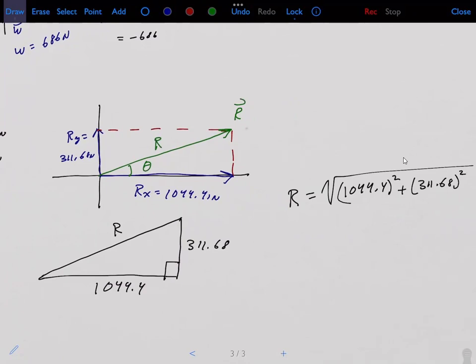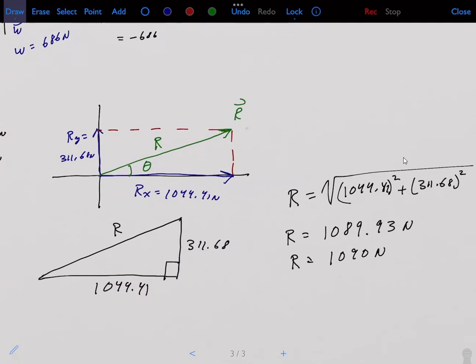And if you work that out, the magnitude of r is going to be 1089.93. Probably don't have that many sig figs, so I'll say 1090 newtons.